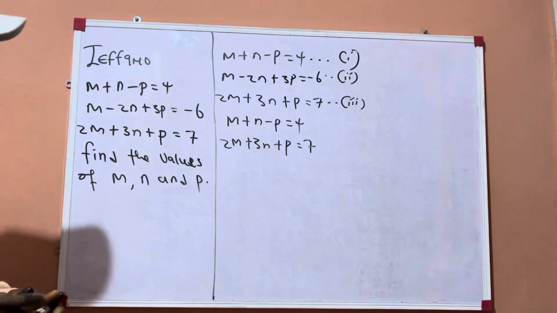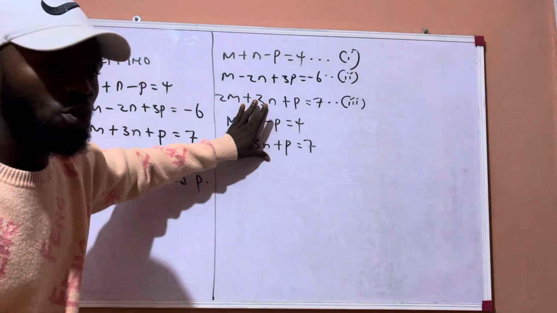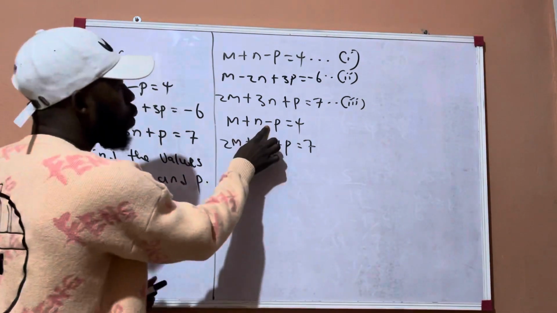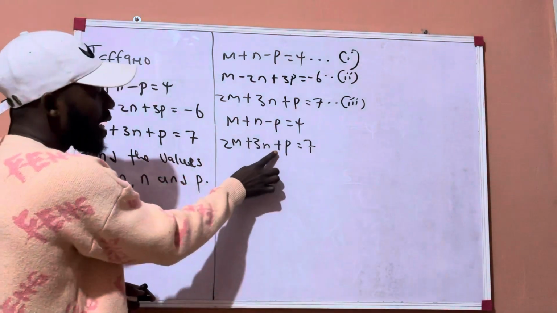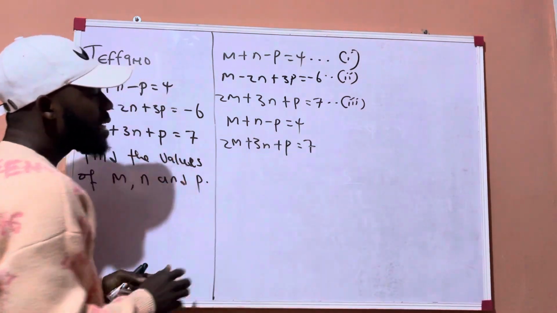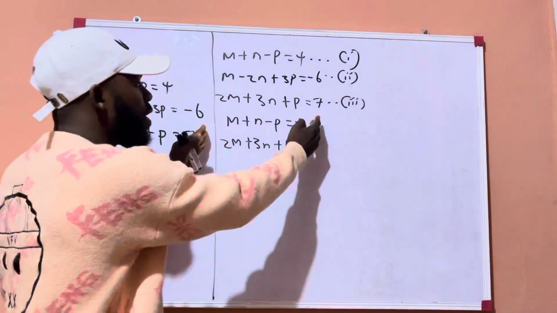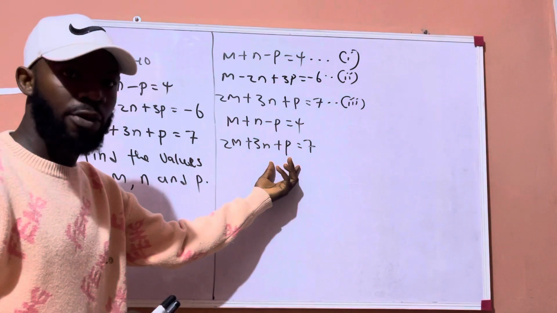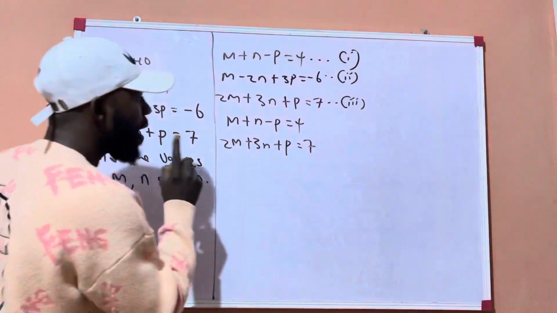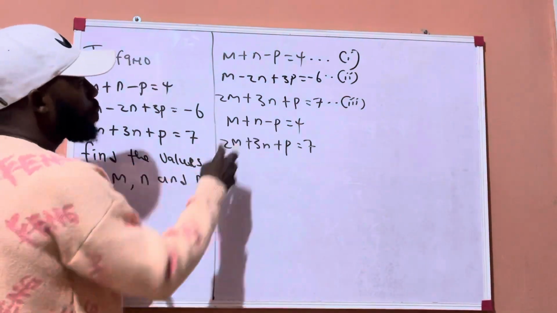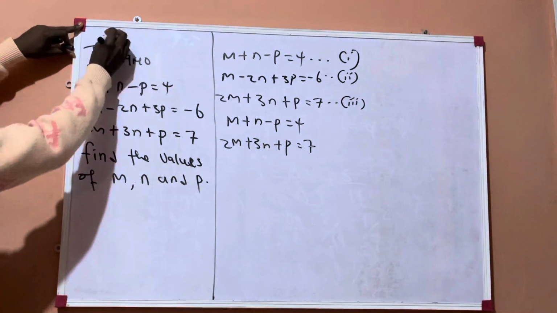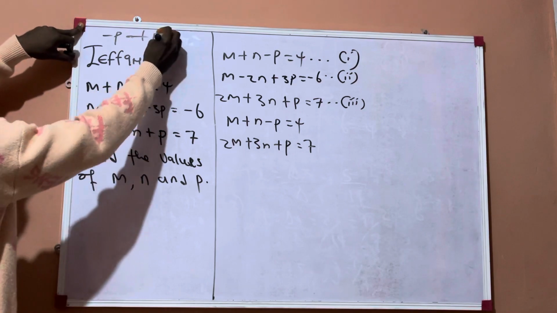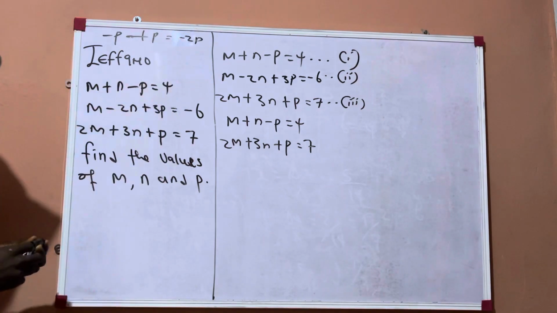Now, how do we eliminate P in this question? Now, in equation 1, I have minus P. In equation 3, I have plus P. Now, what sign will I give in these equations that will make minus P and plus P to be 0? Now, you will notice that if I use subtraction, minus times plus will give us minus, so minus P minus P will give us minus 2P, which is not 0.